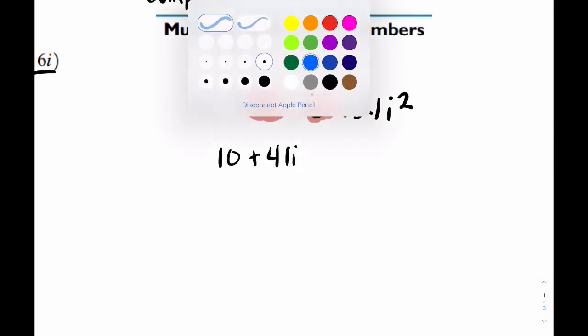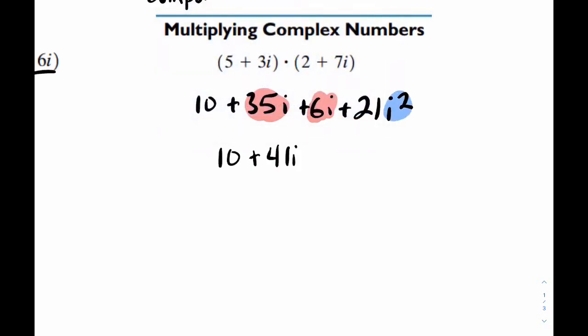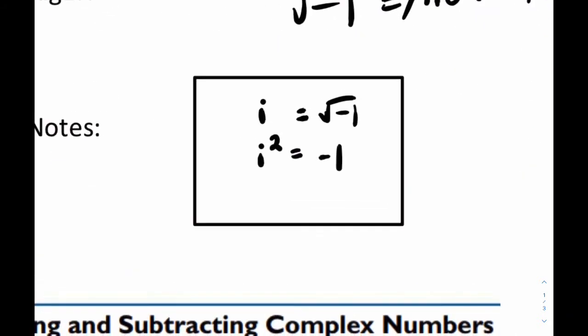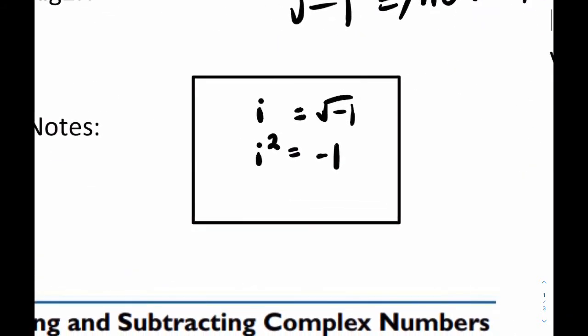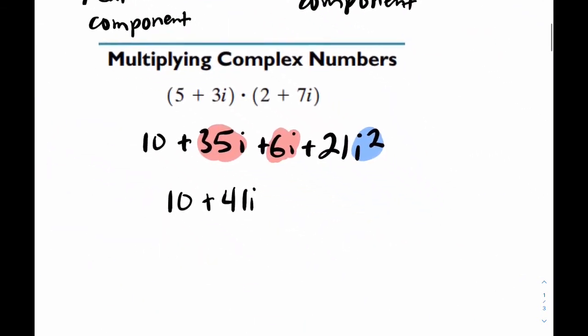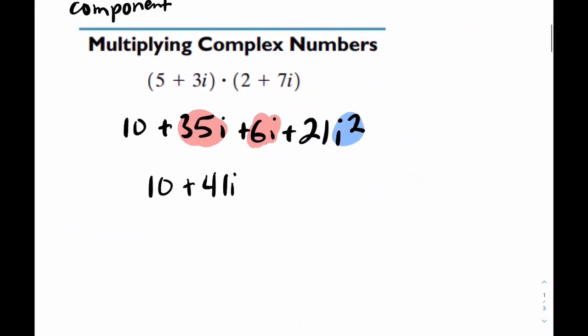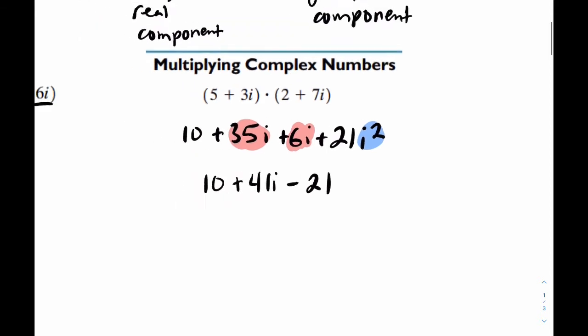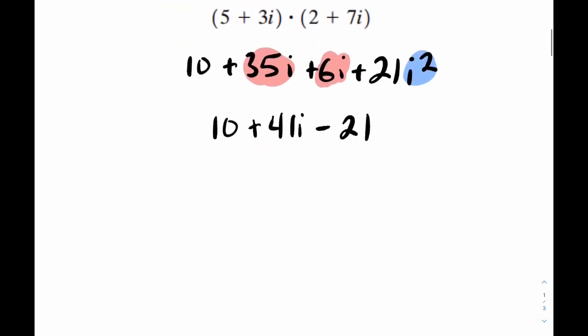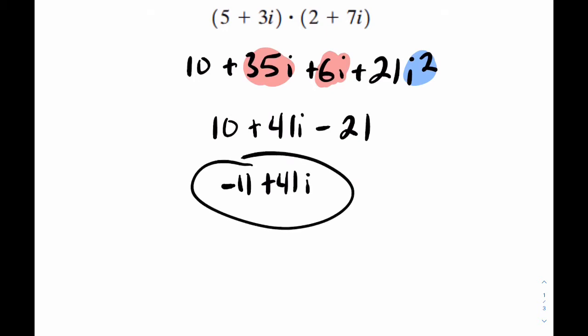But really focus on this i squared. Recall that we said if i is root -1, i squared must be -1, which means this thing can be rewritten as -21. Now we put together -11 plus 41i is our answer.